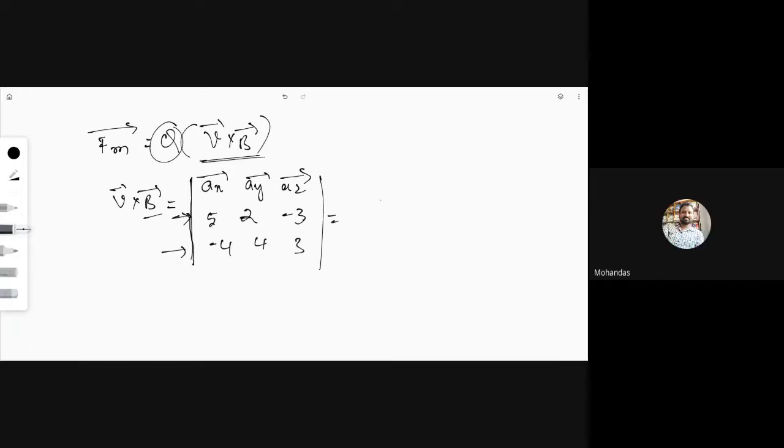Now let us calculate this. 2 into 3, 6, minus of 4 into 3, 12. Minus 12. Minus minus will give plus, into AX. Now the AY component: 5 into 3, 15, minus 3 into 4, 12, into AY.